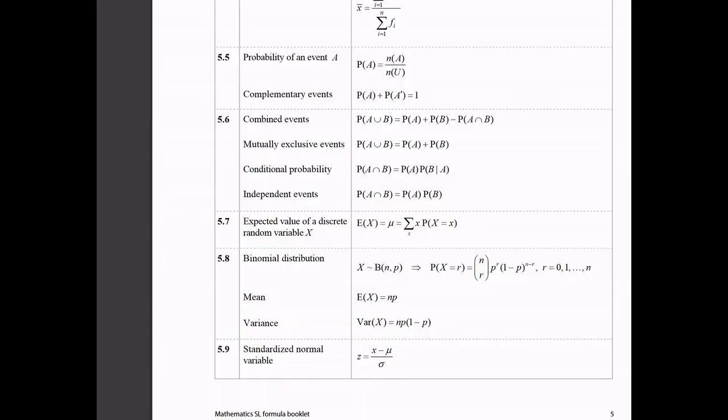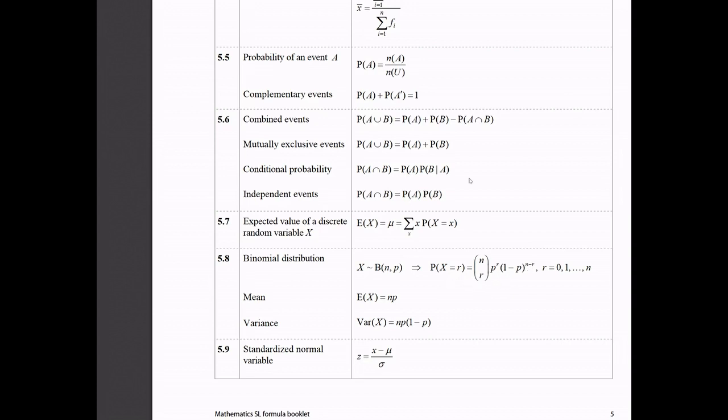This formula here, 5.8 binomial distribution, gives the probability of x events as nCr, then p to the power of r, times 1 minus p to the n minus r. So my n is 150, my r is 12, p is 0.08 to the power of 12, and then 1 minus 0.08 was my 0.92 to the power of 150 minus 12, which was my 138. So you can copy the formula from here.